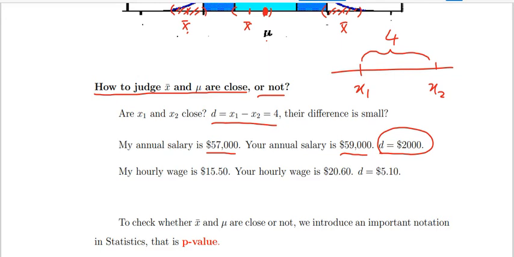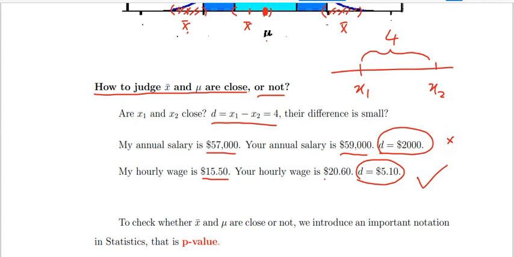Now let's talk about hourly wage. I work in a store and my hourly wage is $15, and yours is $20, and the difference is $5. We believe this difference is huge, right? While the other difference is not so huge, small.